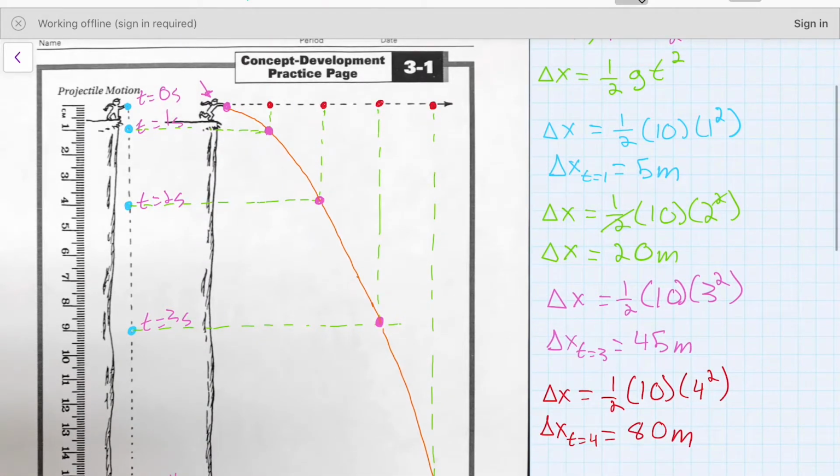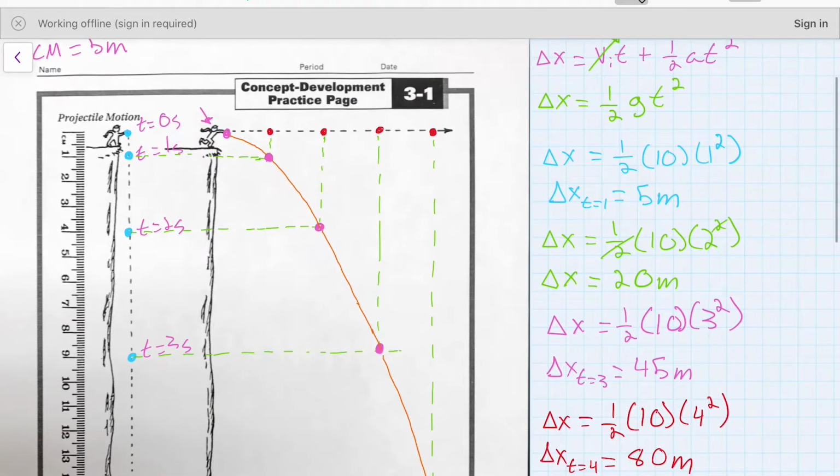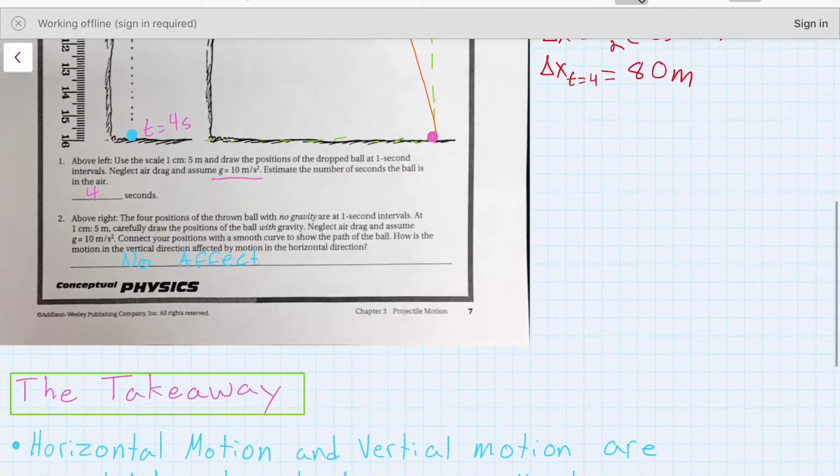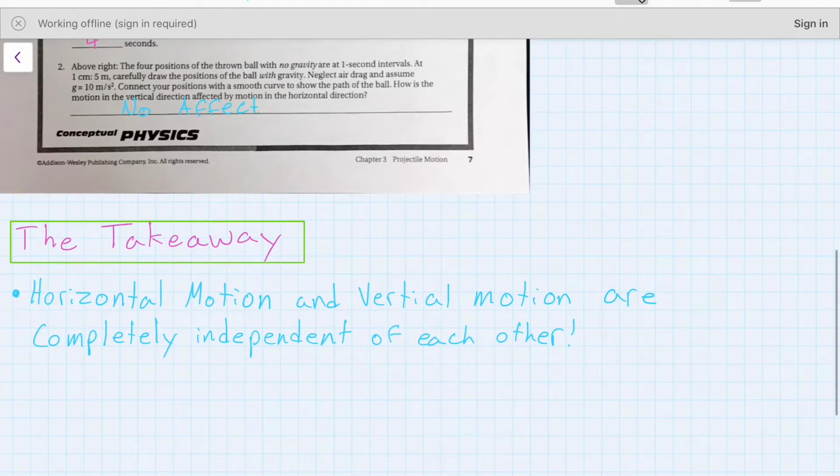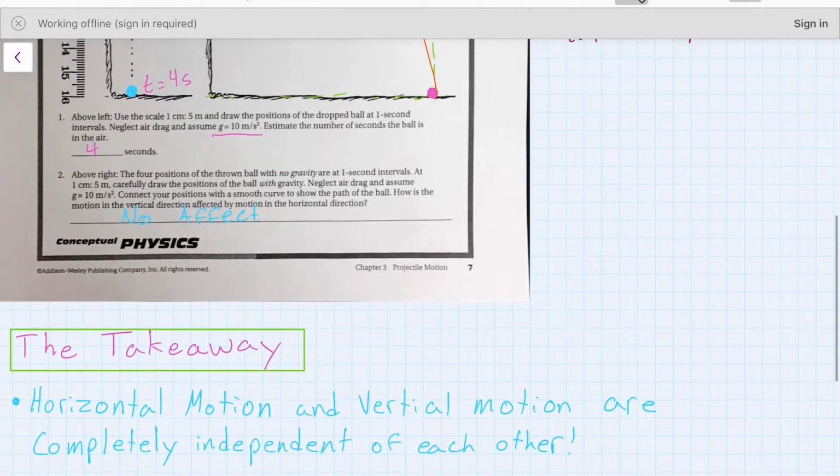If there's one thing to take away from this concept development, it is that horizontal motion and vertical motion are completely independent of each other. They do not affect each other in any way. Whenever you have a projectile, you can break down that motion into vertical motion, which is accelerated by gravity, and horizontal motion, which is not.